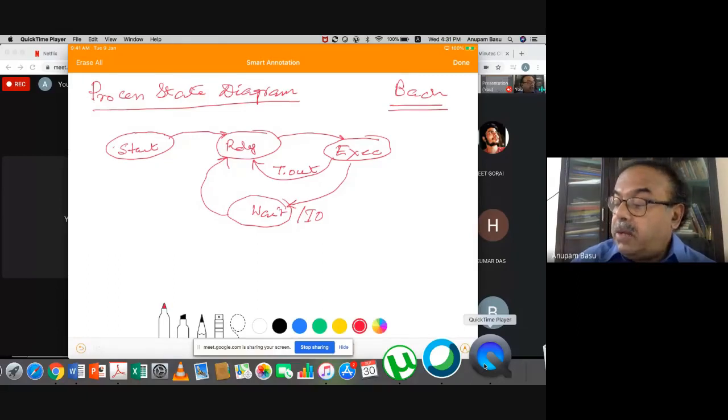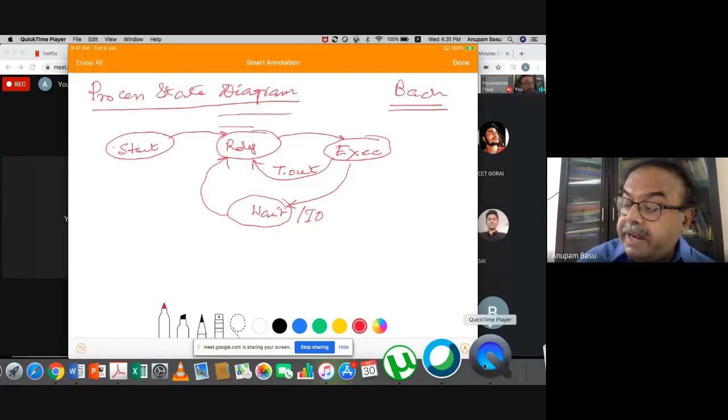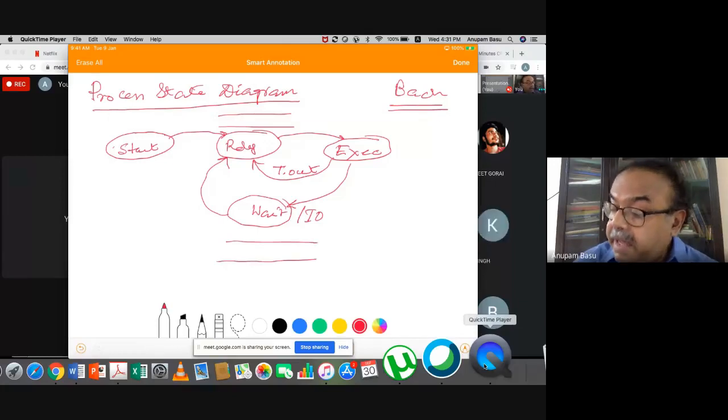Now, we also mentioned that the operating system maintains a queue, one for the ready state, one for the wait state, right? And in this queue, there are entries.